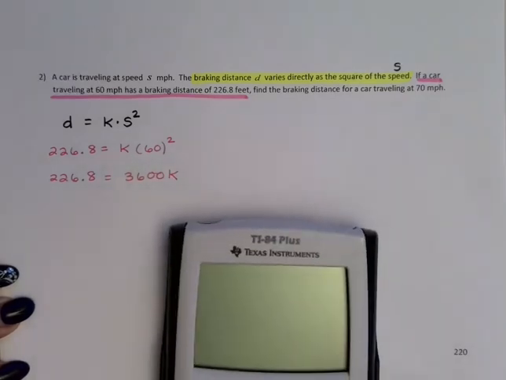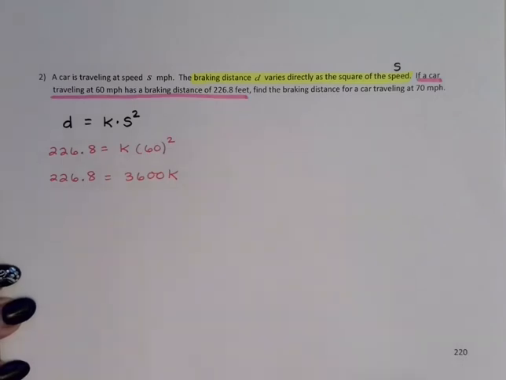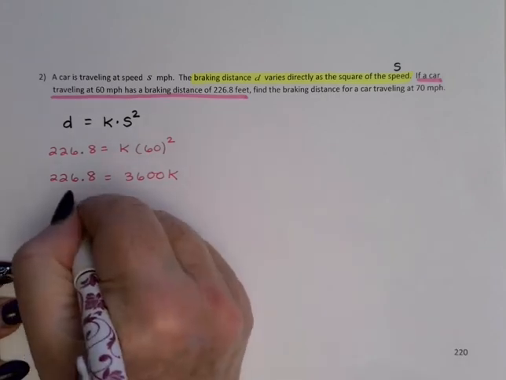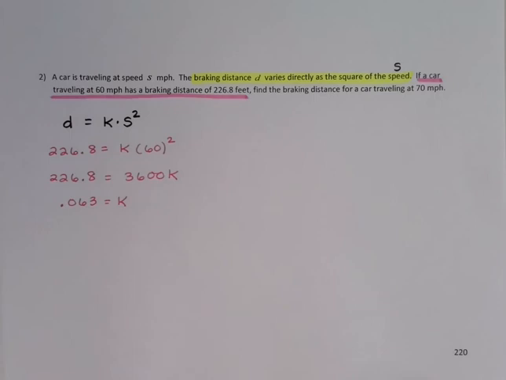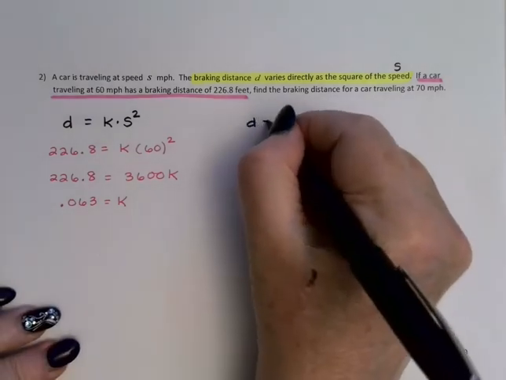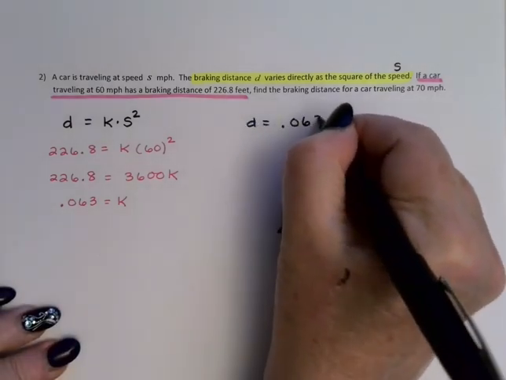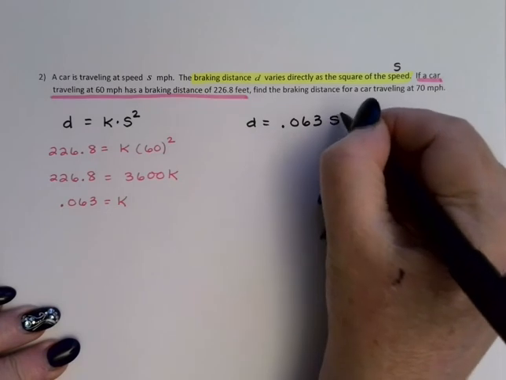And then if I just divide my 226.8 by that 3,600, I get 0.063 for my K value. So I now know D equals 0.063 times S squared.